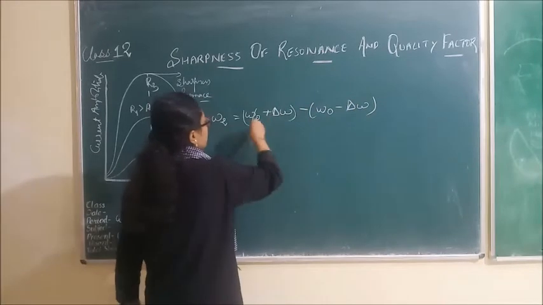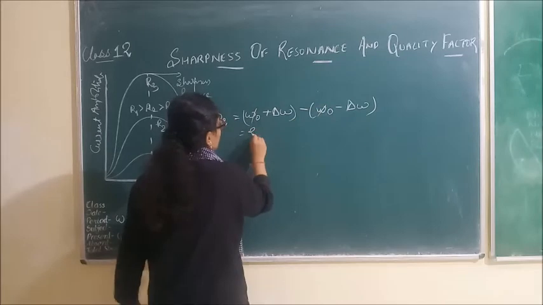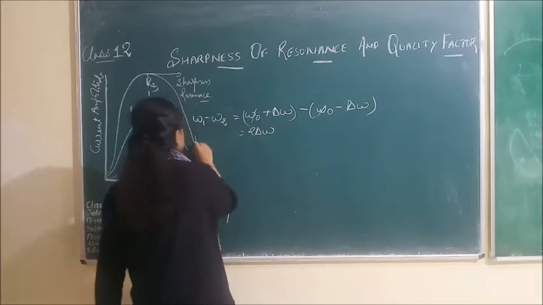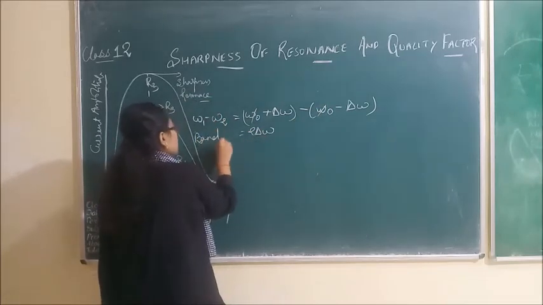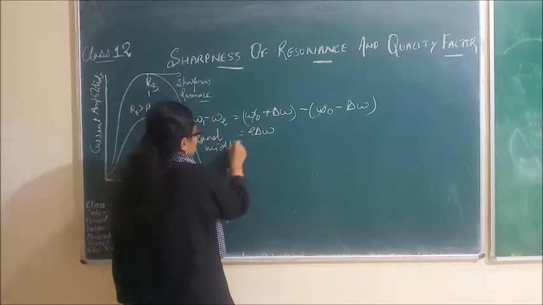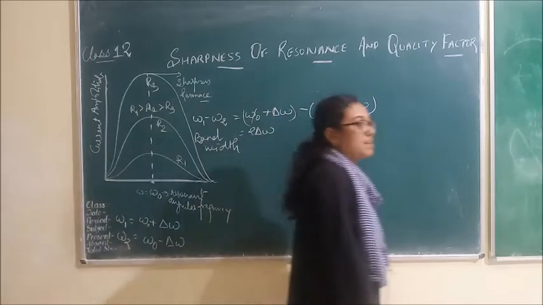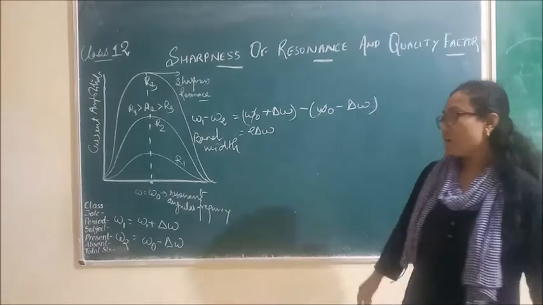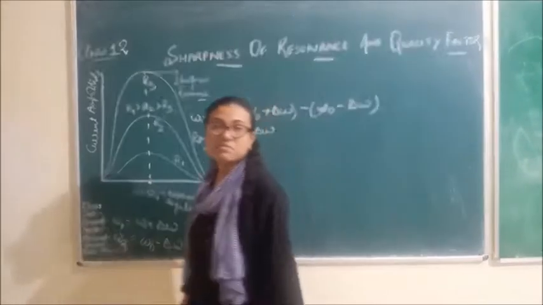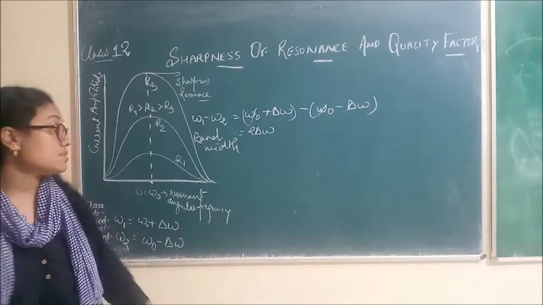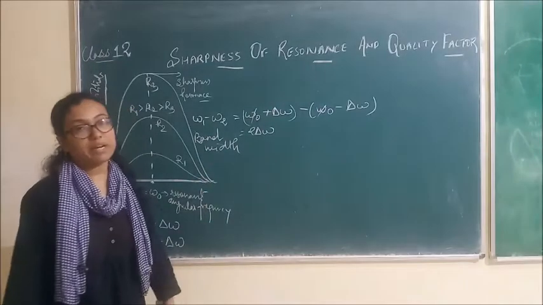On opening the bracket, this cancels out and we get 2 del omega. This is the bandwidth. Okay, student, this is the bandwidth when we are getting the sharpness. In case of sharpness or resonance, this will show you the bandwidth.